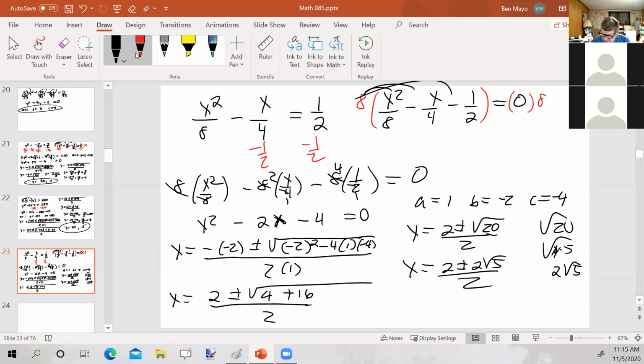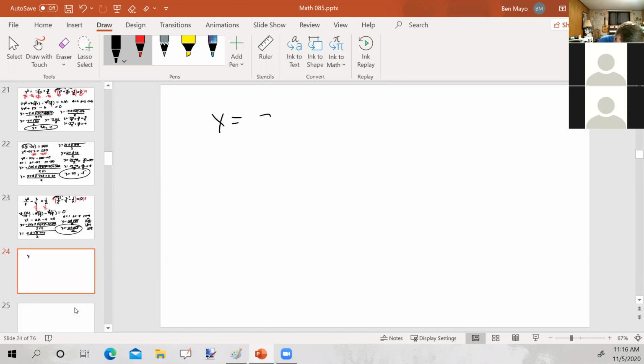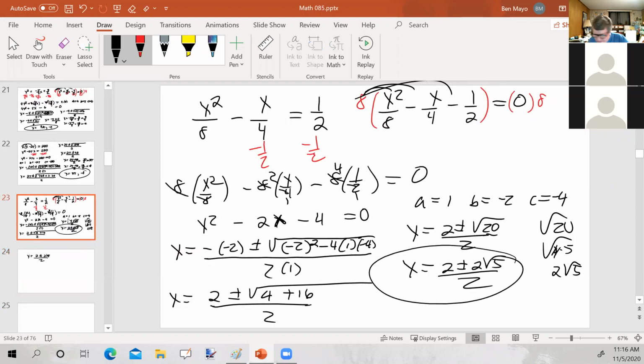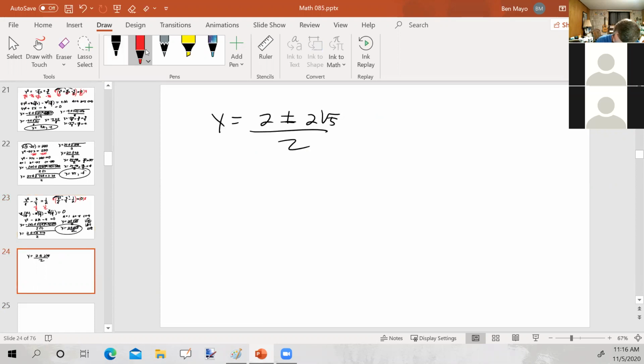And all that, I'm just continuing to simplify. I'm going to take this and copy it on the next page. X equals 2 plus or minus 2 square roots of 5 all over 2. I'll go back here in case anybody still is frantically copying things down. So now looking at this and this and this, I can see that they all have a 2 in common.